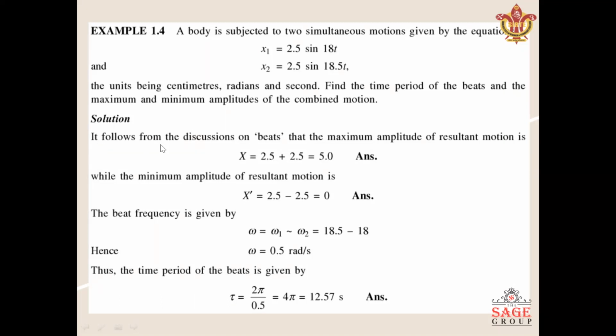It follows from the discussion on the beats that the maximum amplitude of the resultant motion x is the addition of these two, A plus B. We have A as 2.5 centimeters and B again 2.5 centimeters, so the maximum amplitude of the resultant is A plus B, so x is equal to 5 centimeters.